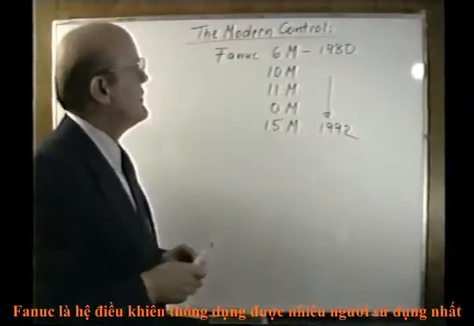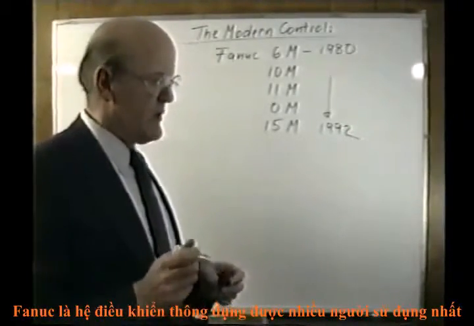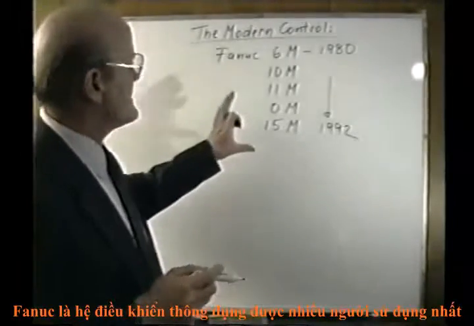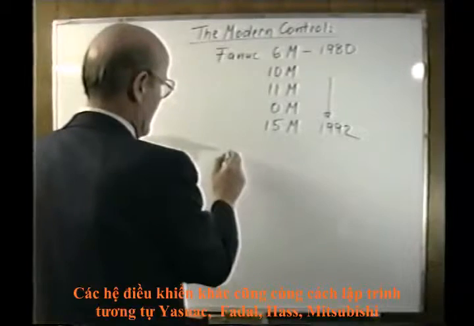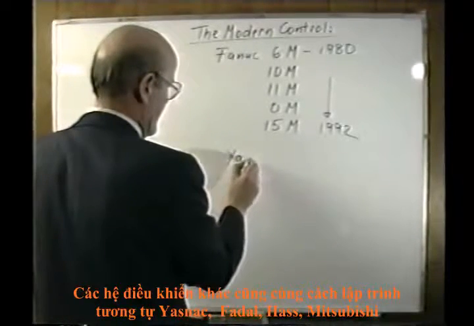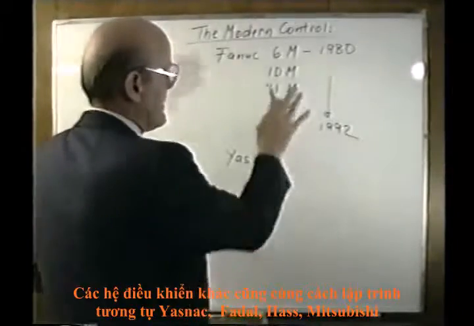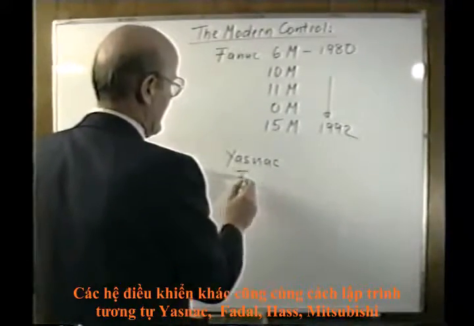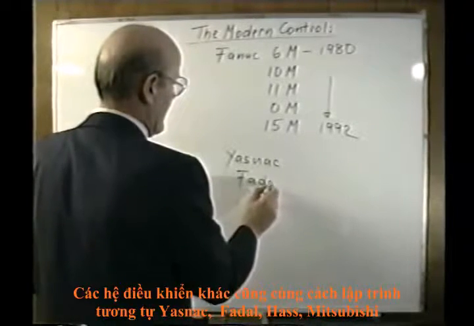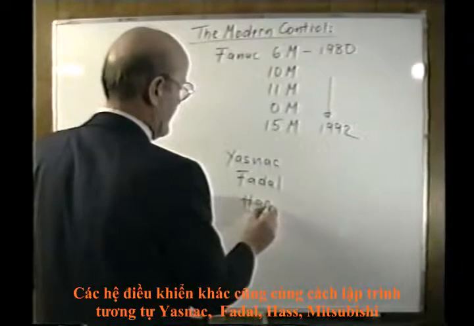Now, another really good point is, Fanuc is so strong in this field that most people will use this method of programming. So the same method can be used for the Yasnac control. Very, very little change in the method of programming this or this. It can be used in the Fidia control. There's a new machine that's called Haas. They have their own control.